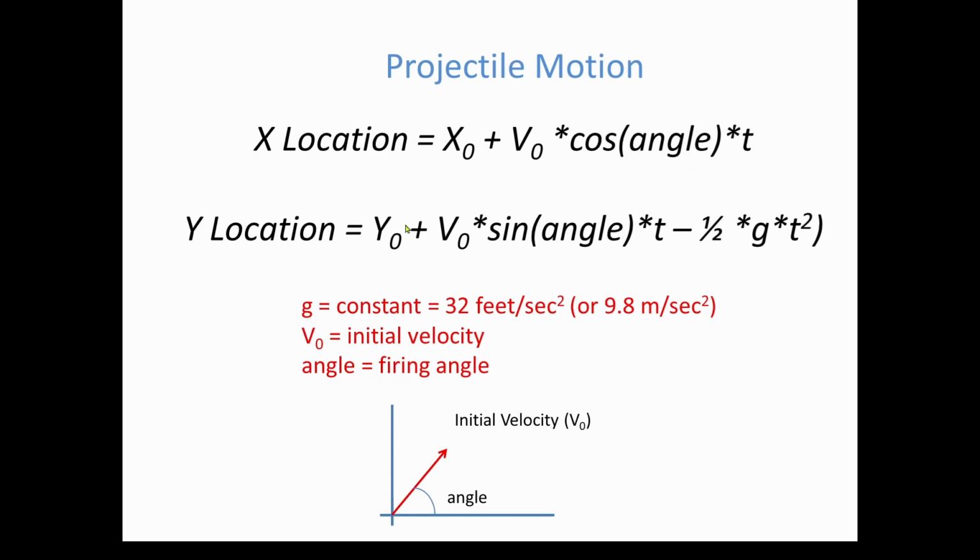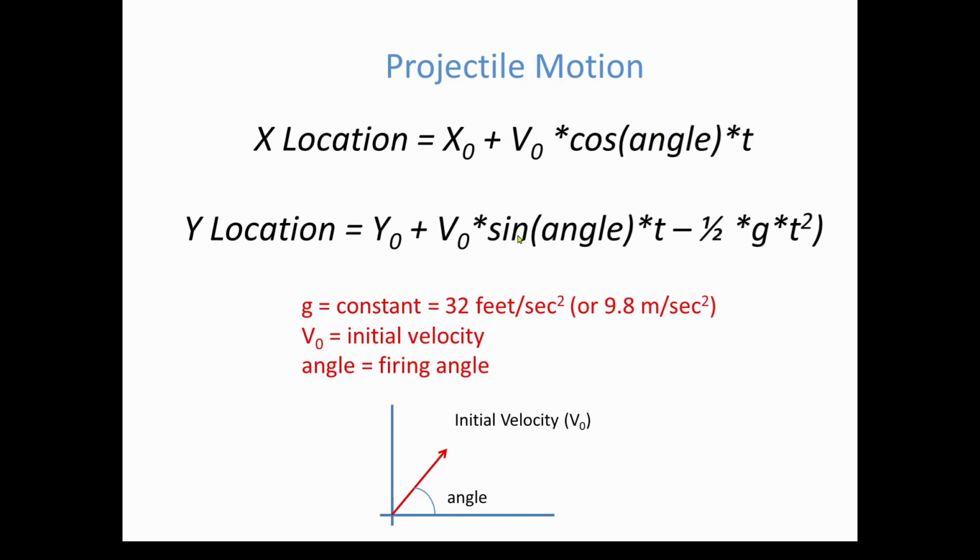The y location is almost identical. y0 plus v0 times sine, not cosine, of the angle, times time, and you are adding this gravity factor. So, very simple way to calculate the x location and the y location at each point in time based on these known values. Very simple to calculate those projectile positions, x and y locations, at every point in time.